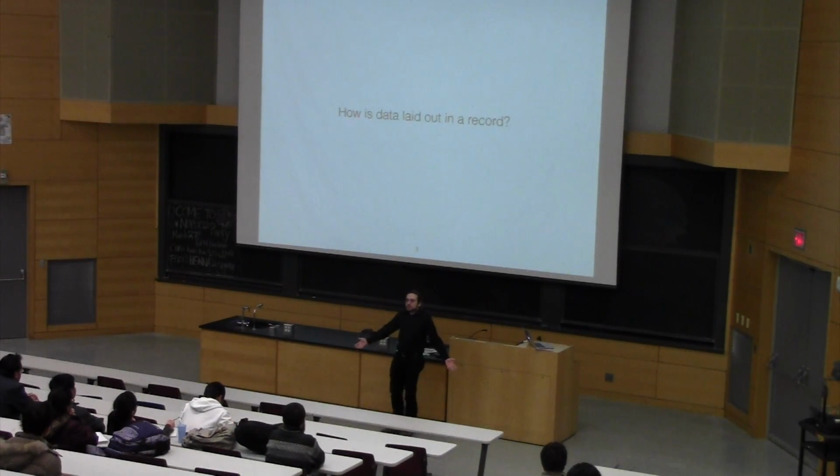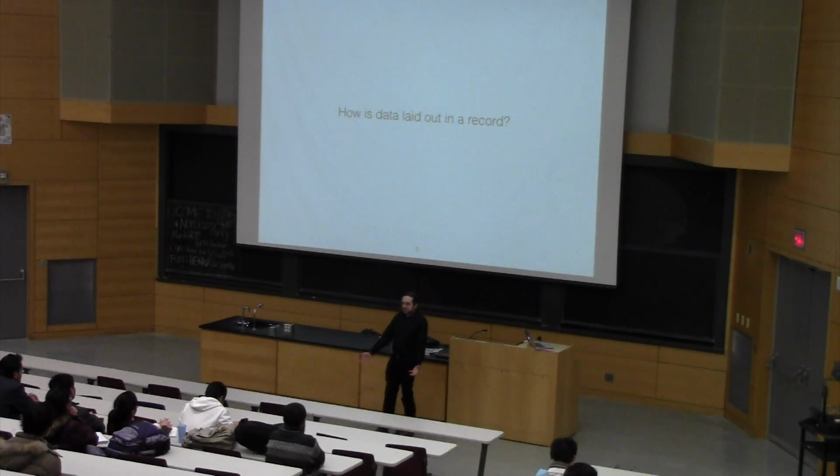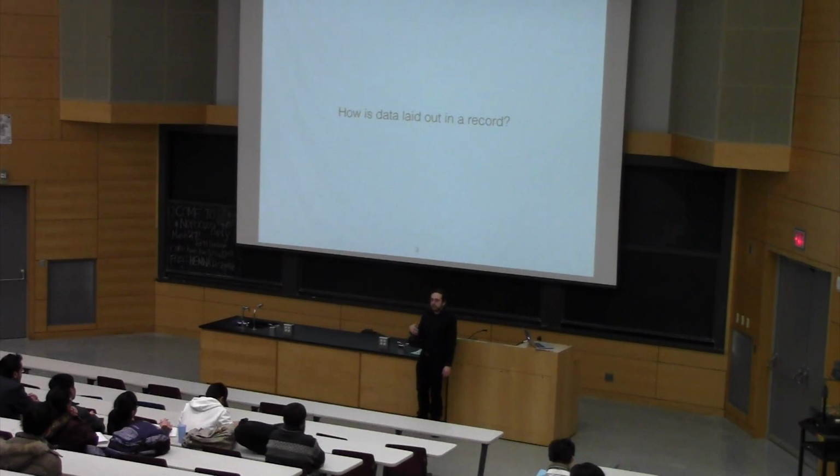So what does a tuple consist of? Attribute values. Okay, so a tuple consists of a set of attribute values, and I need to put those attribute values on disk. Now what is disk, or even what is memory? How is that data organized in memory if I have a tuple?